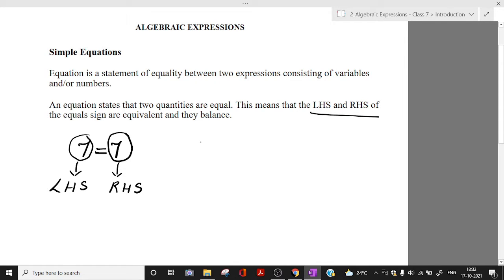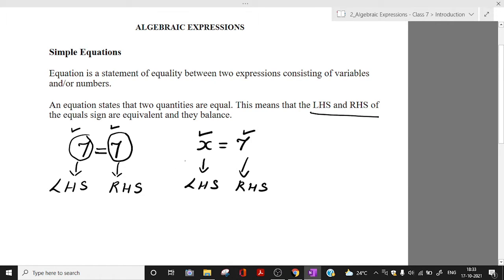Now suppose if I write x is equal to 7. What does this mean? In this case, we have the equality sign. We also have the left hand side and the right hand side of the equation. But whereas in the first example both were numbers, in the second example we have one variable, an unknown variable, and then we have a number.